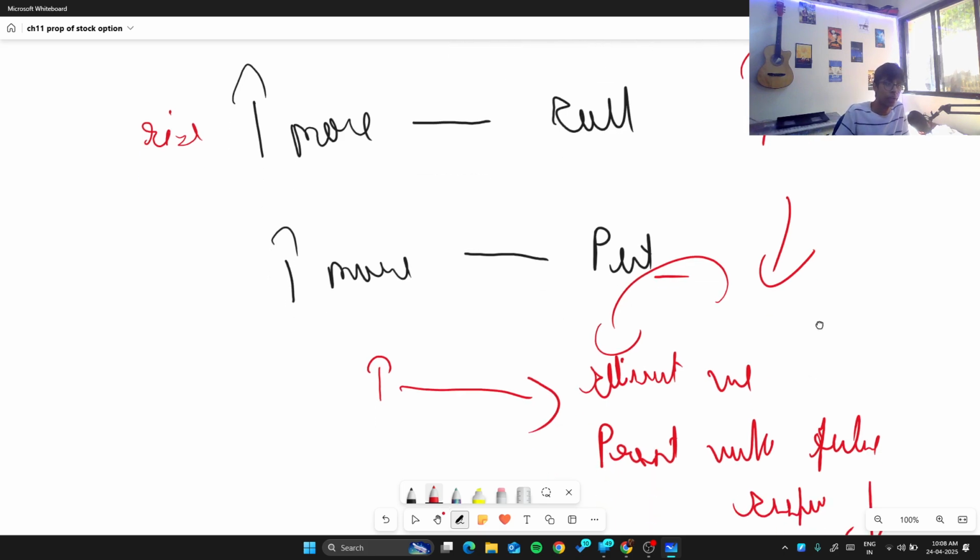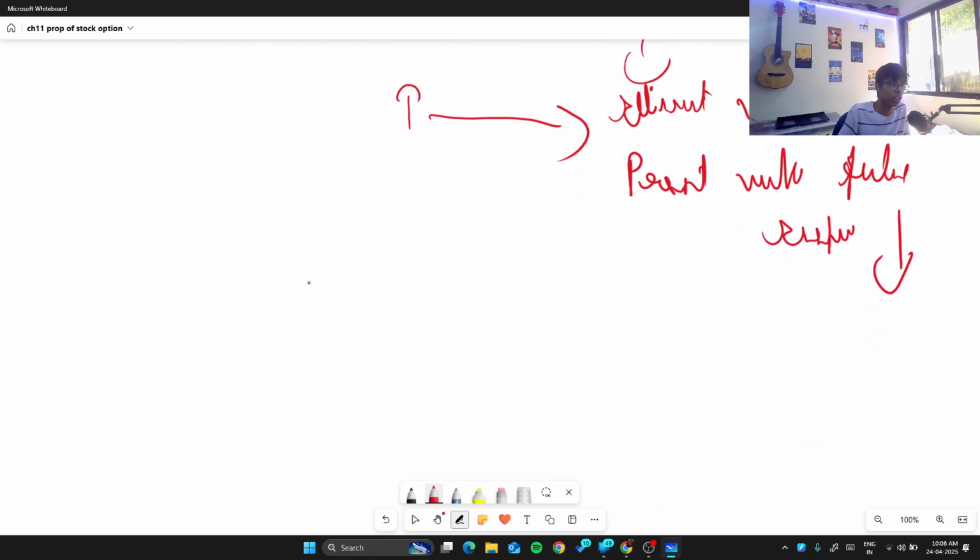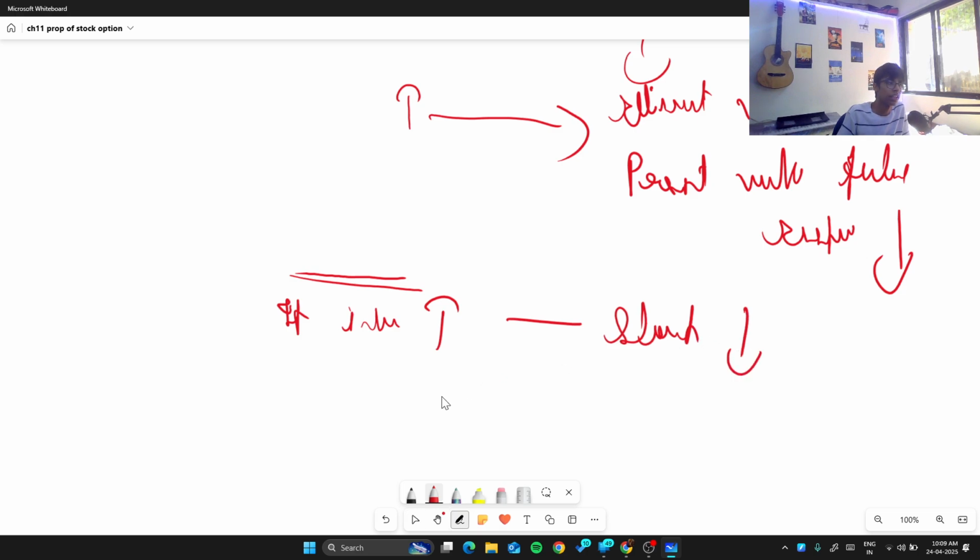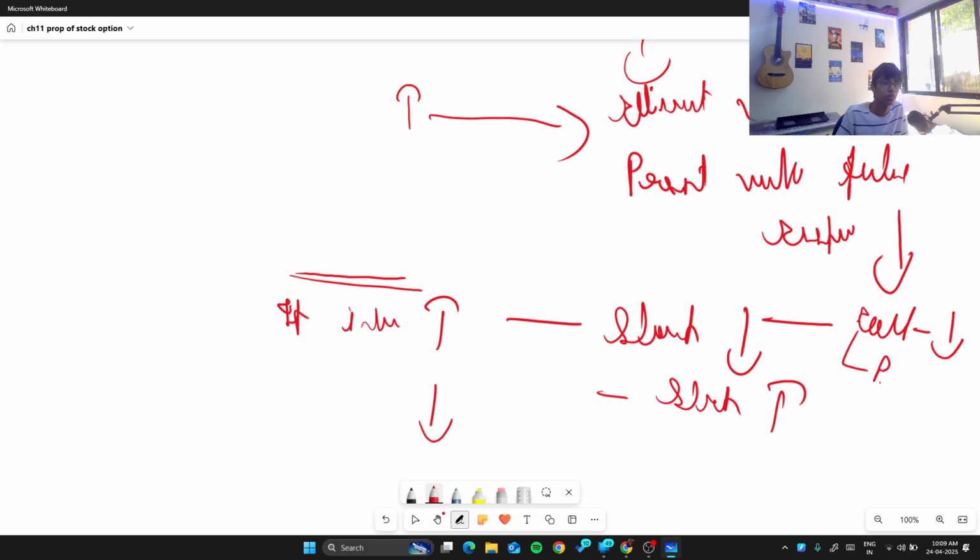And sometimes there is a case where if the interest rate increases, the stock price goes down, and if the interest rate decreases, the stock price goes up, right? And in this case, the call will be less valuable, and the put will be more valuable. Yeah, that is a case.